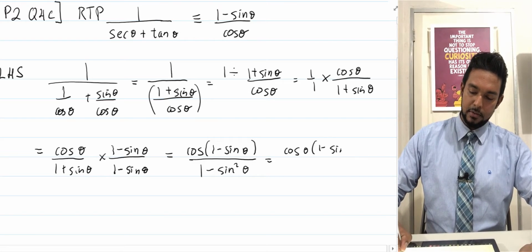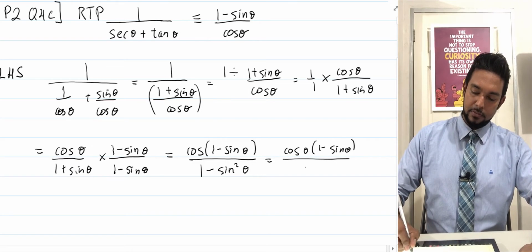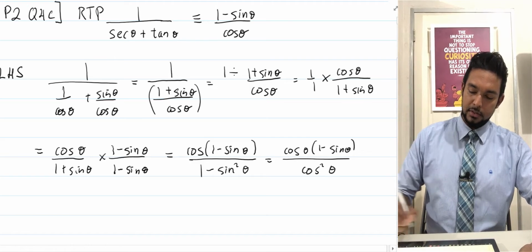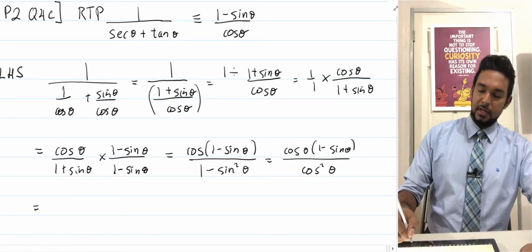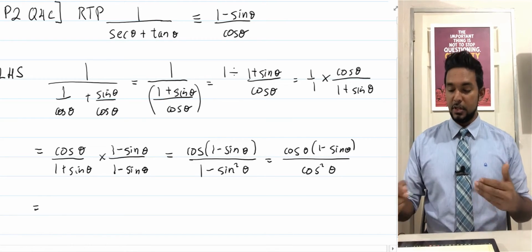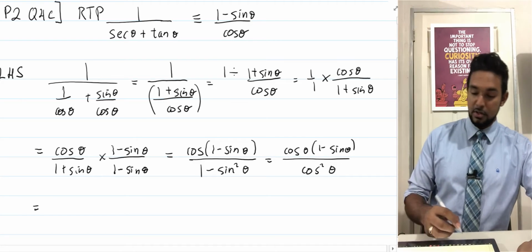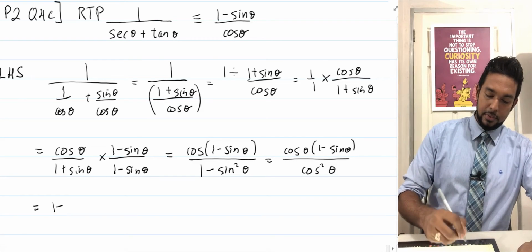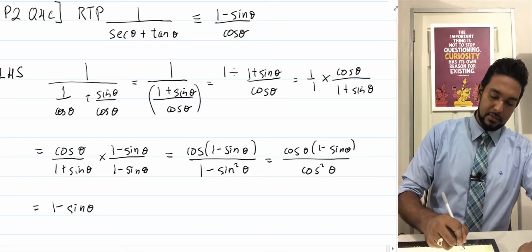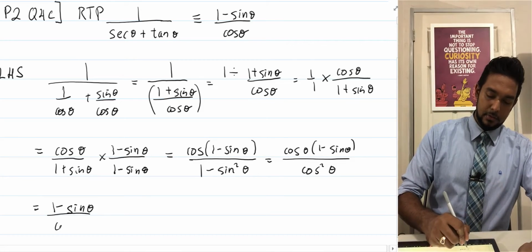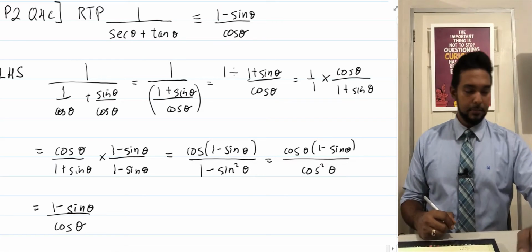Cos squared. So we have cos squared in our denominator. And look at that, the cos in the numerator can cancel with the cos squared in the denominator, leaving us with 1 minus sine theta all over cos theta.